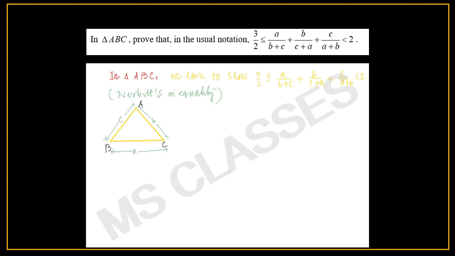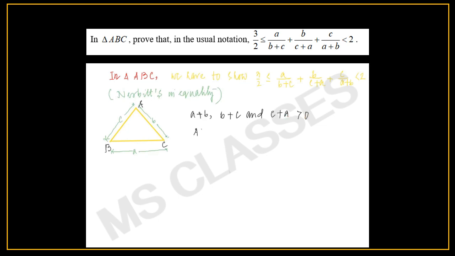Now we take here three quantities: a plus b, b plus c, and c plus a. Since a, b, c are the measures of the sides of the triangle, naturally their sums will be greater than 0. Now here we apply AM-GM on these three positive quantities.